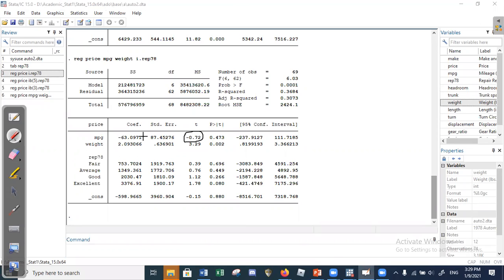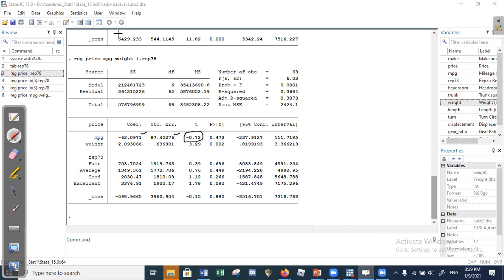This is just this coefficient divided by this standard error. Minus 63.0971 divided by 87.45276. The ratio of coefficient to standard error gives you the T ratio.